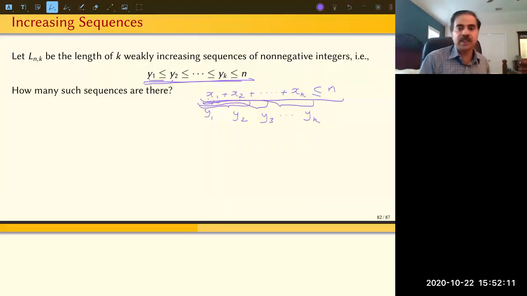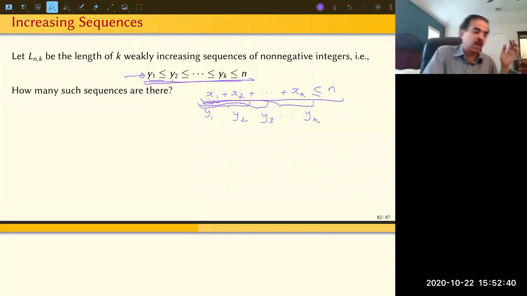And the y version is telling you, okay, so if you think of mapping the problem into a binary string with zeros and ones, right? So the x1, x2 version just says, okay, I have 3 zeros and then a 1, and then I have 3 more zeros, I have 2 more zeros. Whereas this version is simply telling you that the 1 appears in the 4th position and then the 7th position, or things like that.